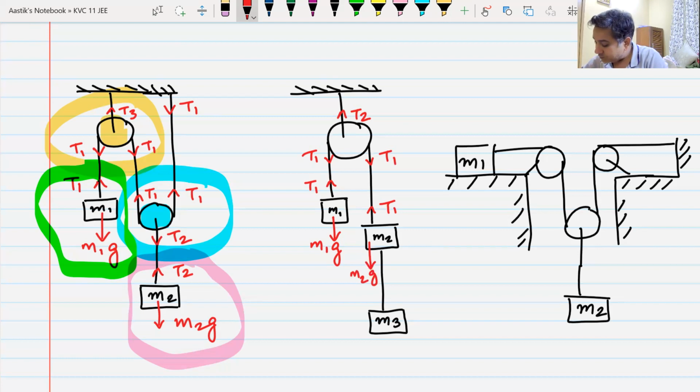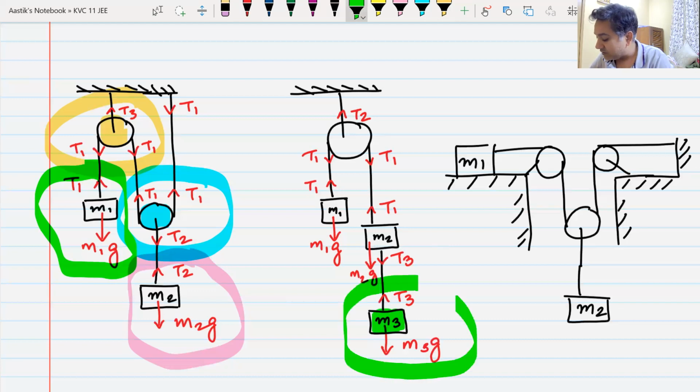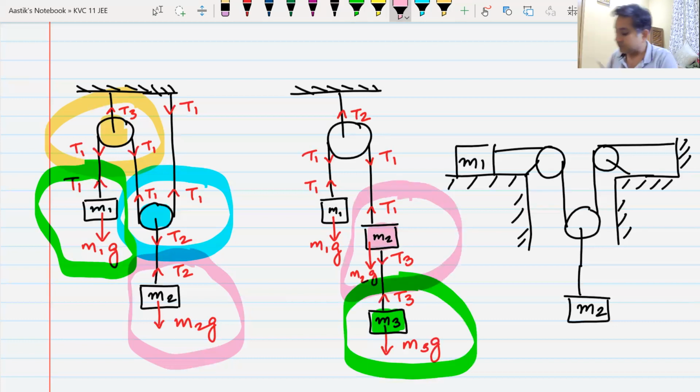But there is also one pulley, one string here. So I will call that tension T3. This string will have the same tension T3, and this block will have the weight M3G going downwards. So the free body diagram of this green block is given in this green block. We understand this? The free body diagram of this pink block is given in this pink area.